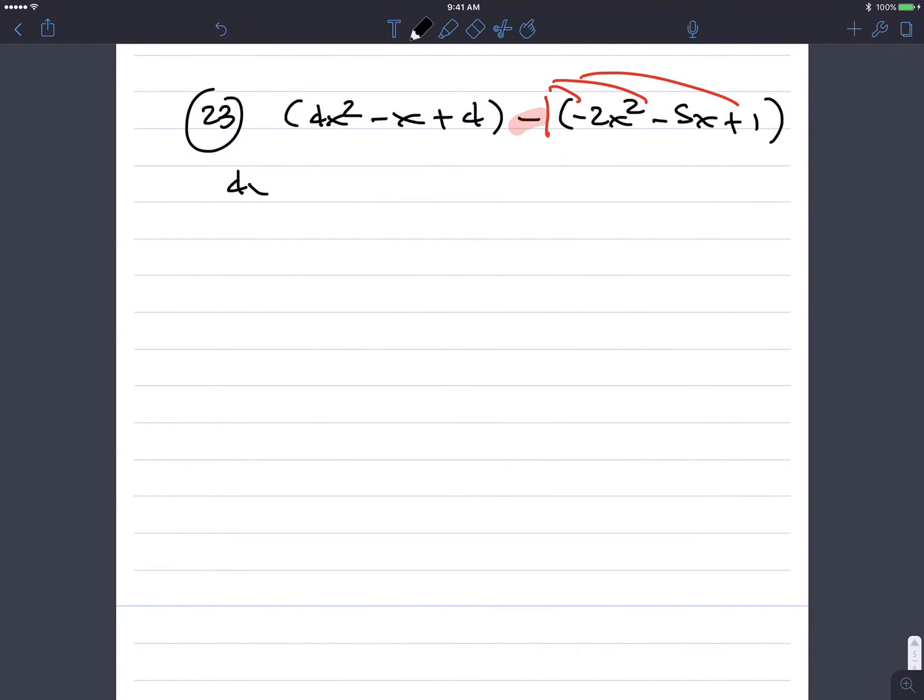So I get 4x squared minus x plus 4 minus a negative 2x squared. Let's actually do this. This becomes plus 2x squared, because negative 1 times negative 2 here. And negative 1 times negative 5 is positive 5x. And negative 1 times positive 1 is simply negative 1.